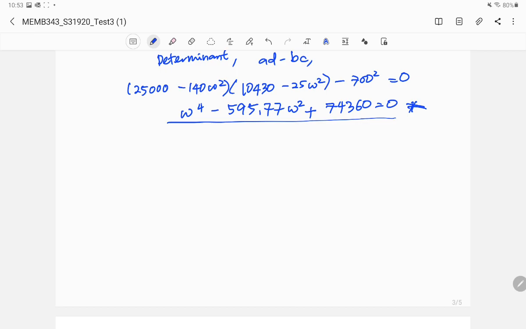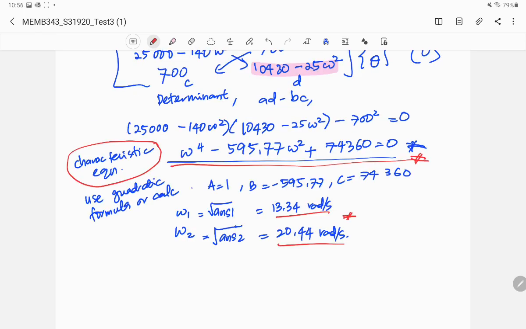Then to get the mode shapes, once you get the characteristic equation, you can use the quadratic formula, or you can also use your calculator.